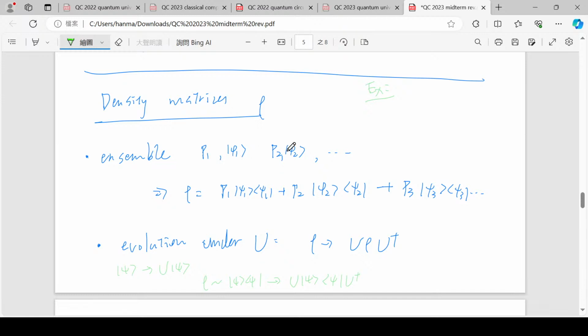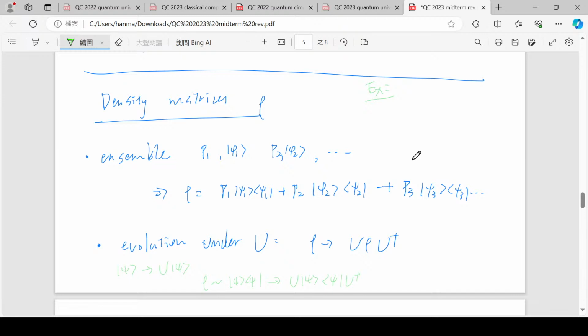There is a probability of getting some quantum state psi 1, a probability of getting some quantum state psi 2, etc. You cannot describe that as just another pure quantum state because that's not a superposition of quantum states. A good way to describe them is by the density matrix: you have the probability times the projector onto each quantum state, and you sum them together to get a matrix called the density matrix.